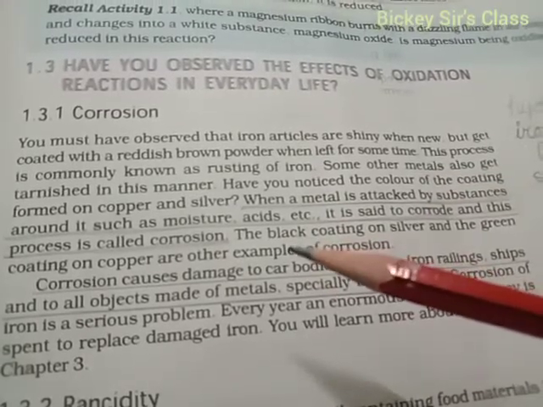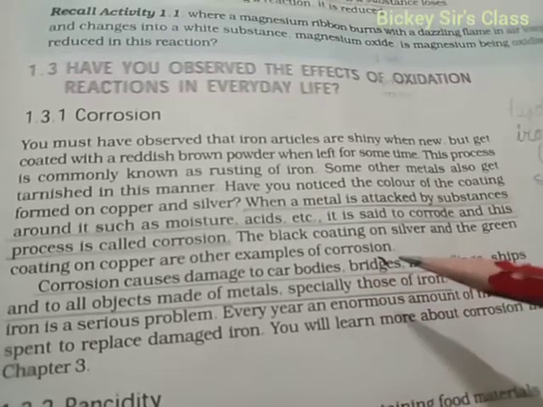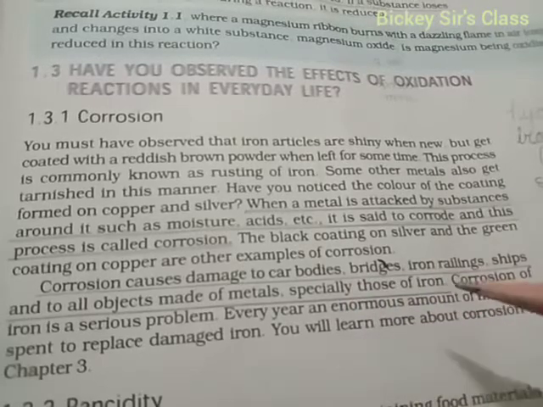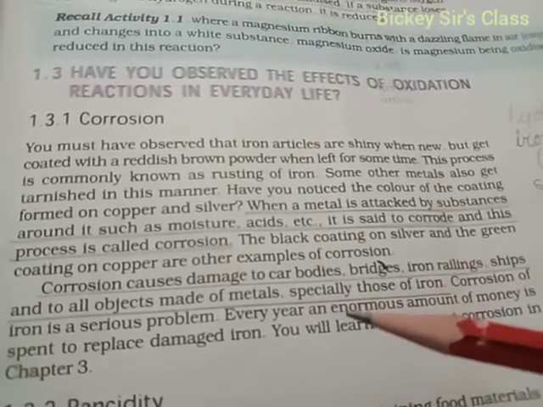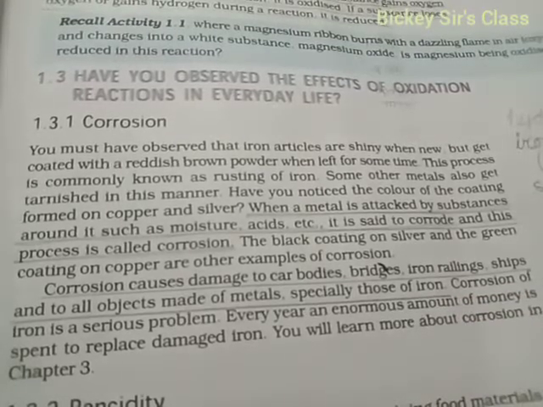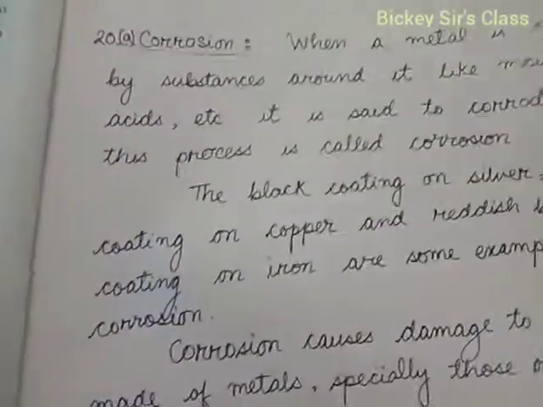Here it is mentioned the black coating on silver and the green coating on copper are other examples of corrosion. Corrosion causes damage to car bodies, bridges, iron railings, ships, and to all objects made of metals, especially those of iron. And so let us look how it will look when we write it together.